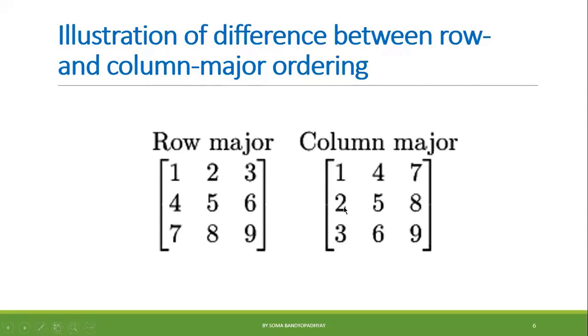First 1 will be stored, then 2, then 3, then 4, then 5, then 6, then 7, then 8, then 9. So in case of row major order, the elements will be stored like this. And in case of column major order, the elements will be stored like this.